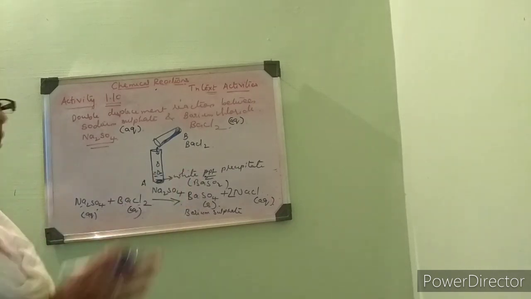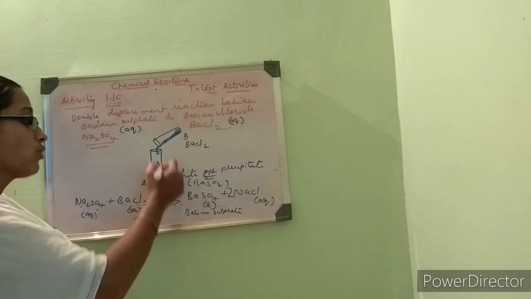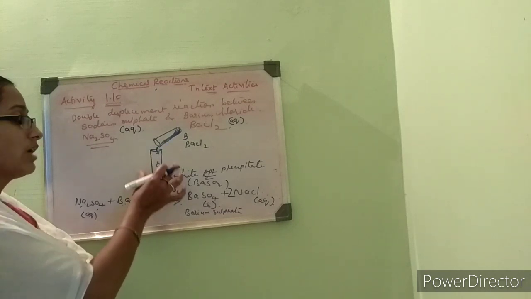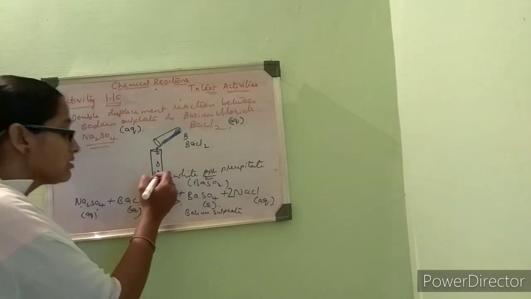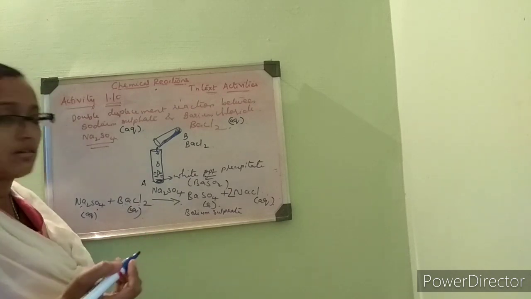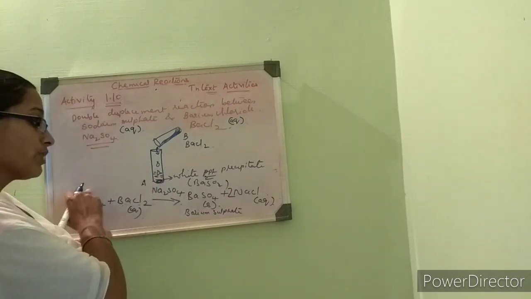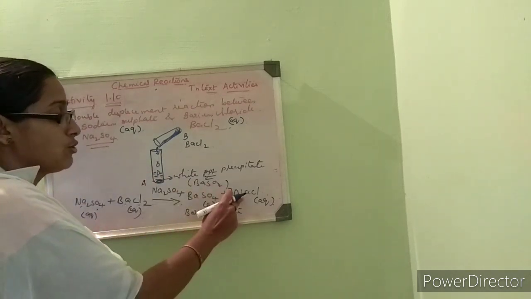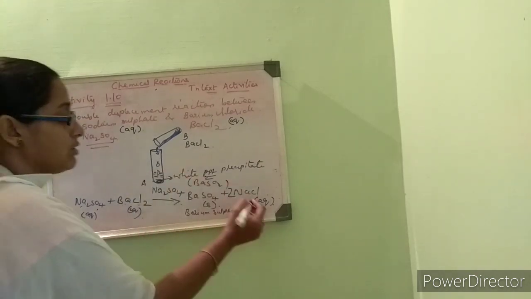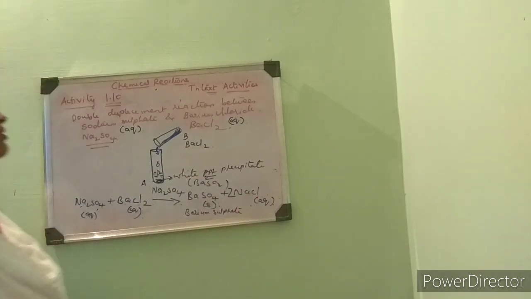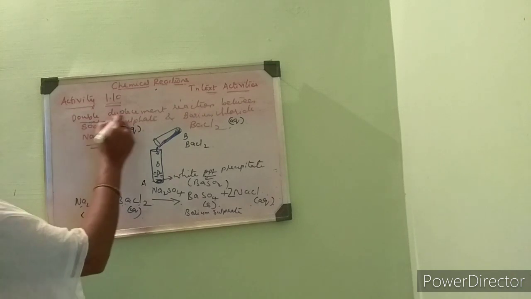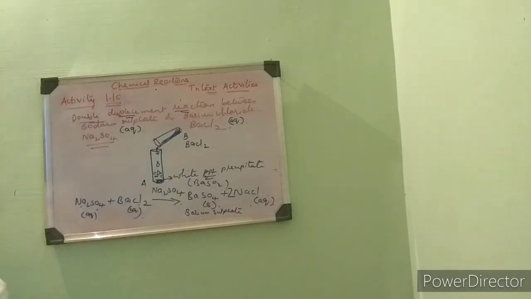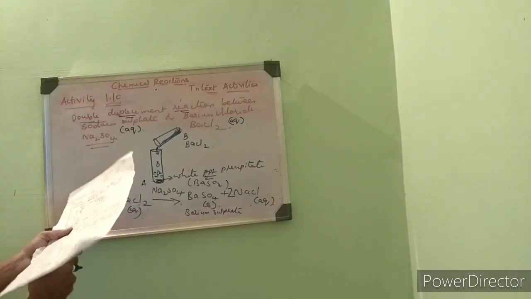It is insoluble, hence it settles down at the bottom of the test tube. And what does this solution become? There should be some reaction, right? So sodium combines with chlorine to form sodium chloride solution. So it is also aqueous in nature. So this is a double displacement reaction. So we will see the next activity.